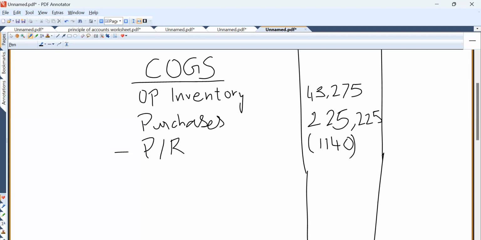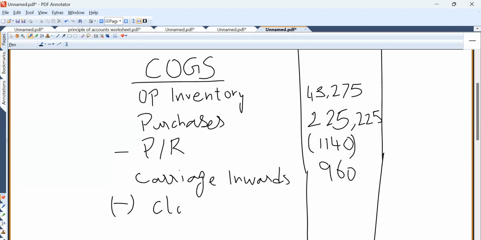Then we have carriage inwards, 960. And then we have closing inventory, 55,400.